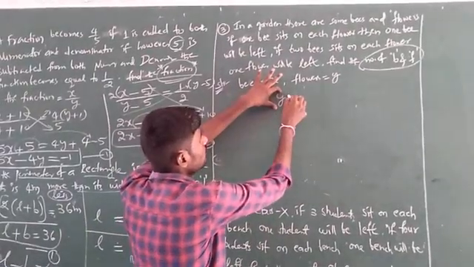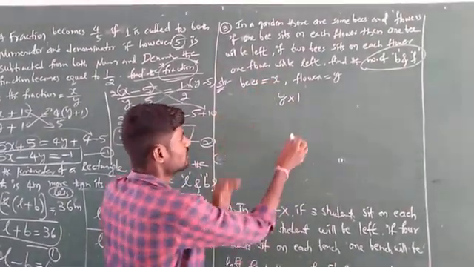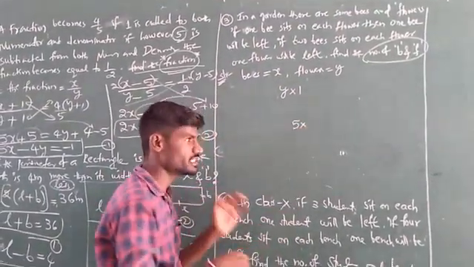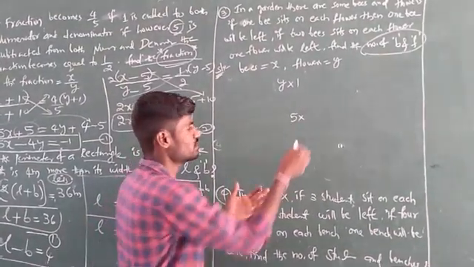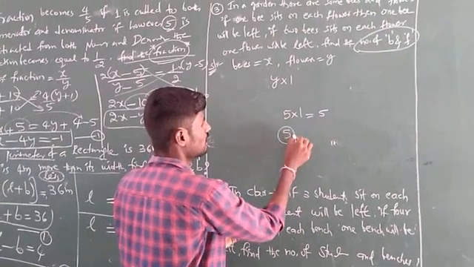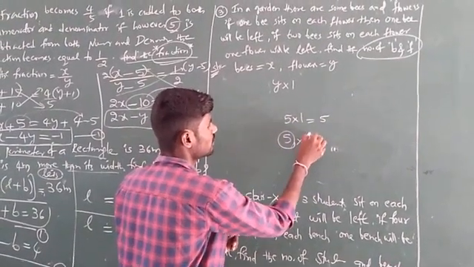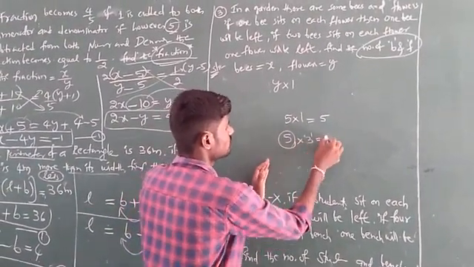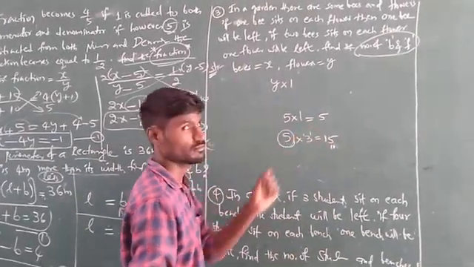So Y into 1. Suppose there are 5 flowers and on each flower 1 bee, then 5 into 1, total bees are 5. Like that, if 5 flowers are there and on each flower 3 bees, total number of bees is 5 into 3, 15.